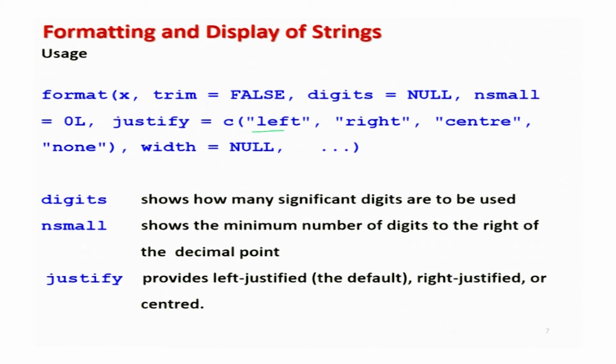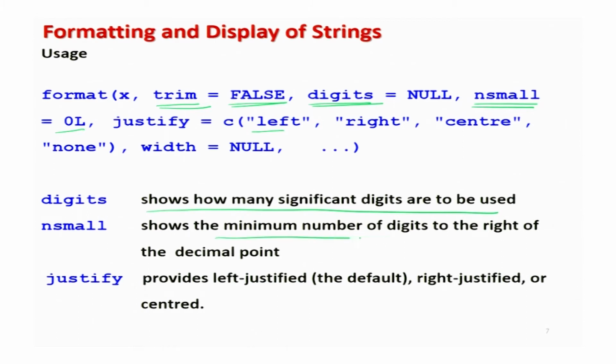For example, if you want to trim an outcome, you can give true or false. Similarly, you can use the option digits, which shows how many significant digits are to be used. If you want to control how many digits should be on the right hand side of the decimal point, you use nsmall.